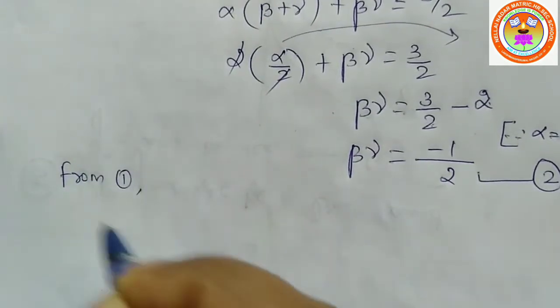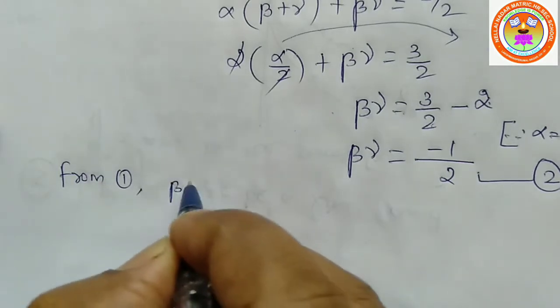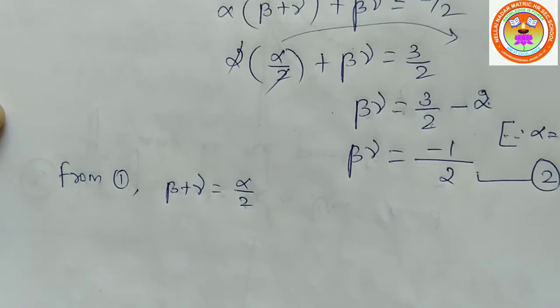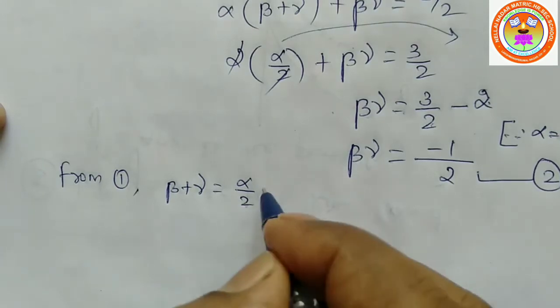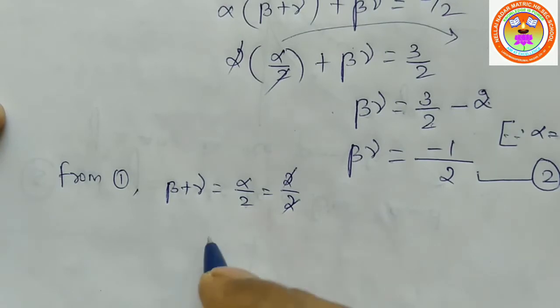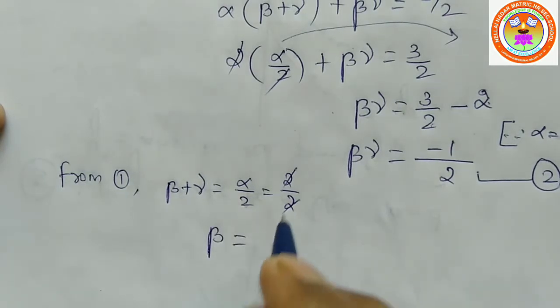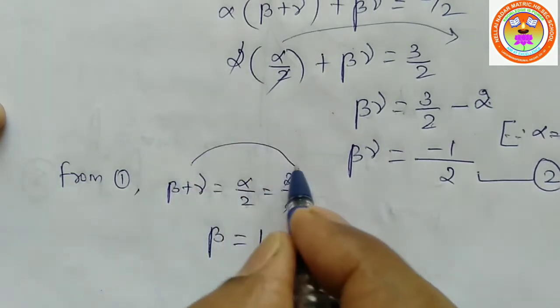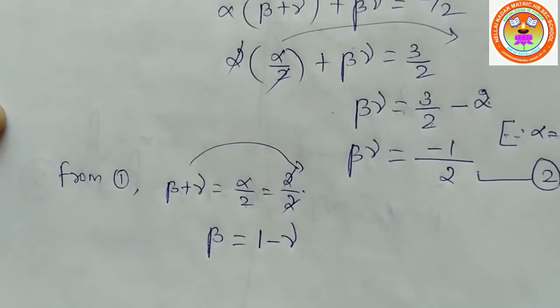So beta is equal to 1 minus gamma, bringing gamma to that side.